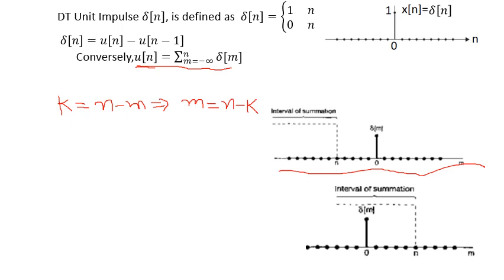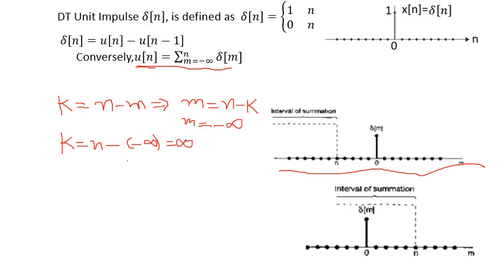So let's take the limits also. When m equals minus infinity, k, because k equals n minus m, the upper limit of k will be infinity, right?